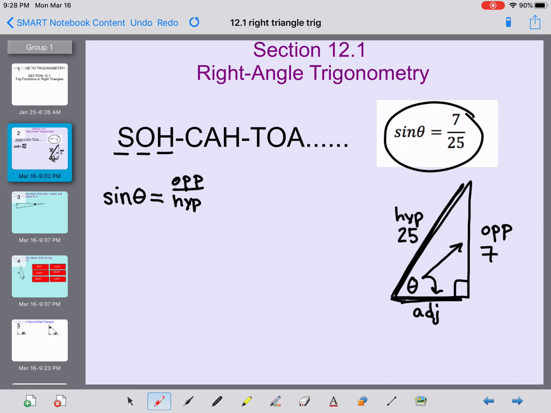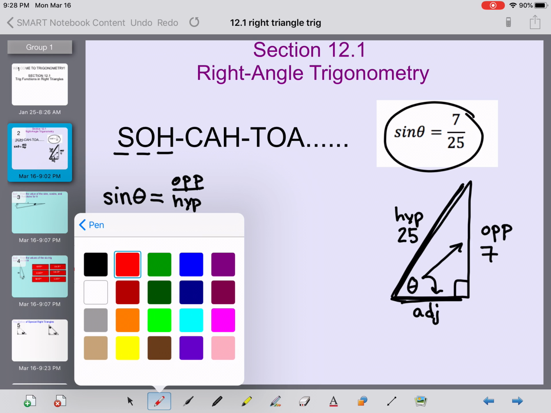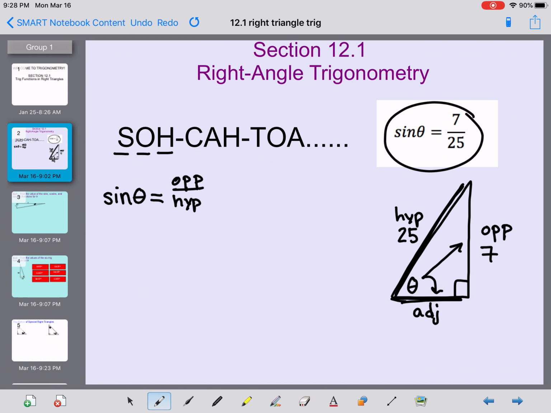So cosine, back to black. So cosine of theta, right? The acronym cosine is adjacent over hypotenuse, right? So in this example, sine was 7/25. To find this adjacent side, you would do the Pythagorean theorem.